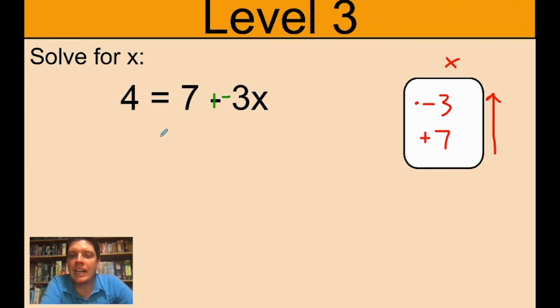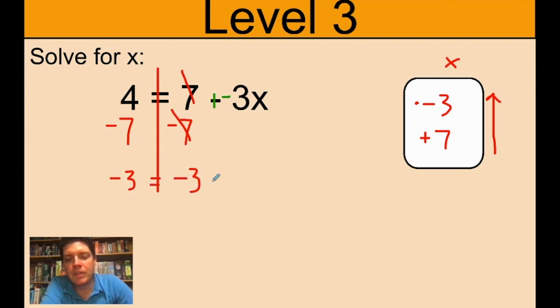The opposite of adding 7 is subtracting 7 from both sides of the equation. 7 minus 7 is 0. Those cancel out. 4 minus 7 is -3 equals -3x. We're done with that chore. Next up, times -3. Remember, it's just the opposite operation.